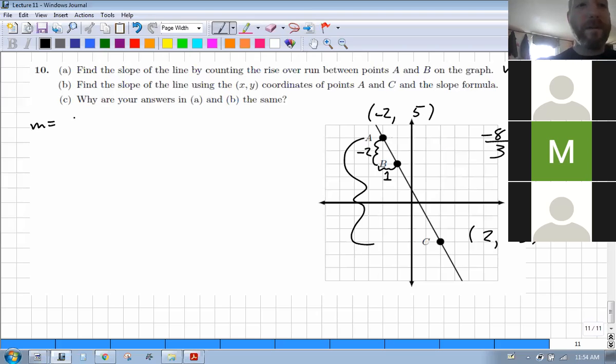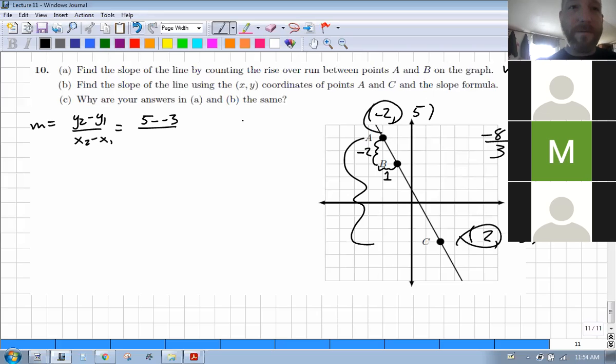M equals the difference in the y's over the difference in the x's. So here's the first one. Our y, we have 5 minus a -3. And then the x's, we have -2 minus 2.